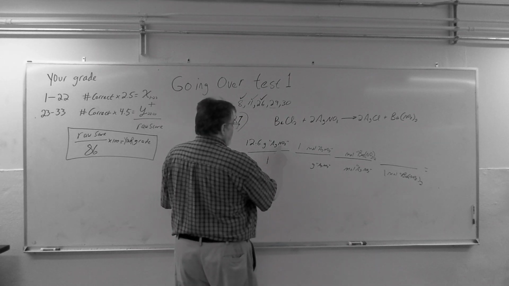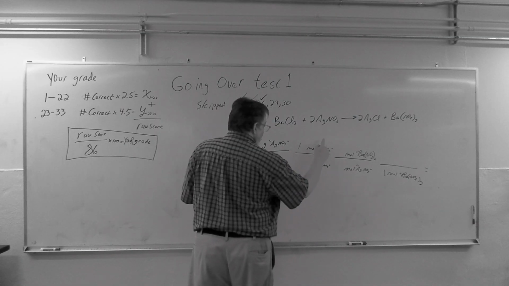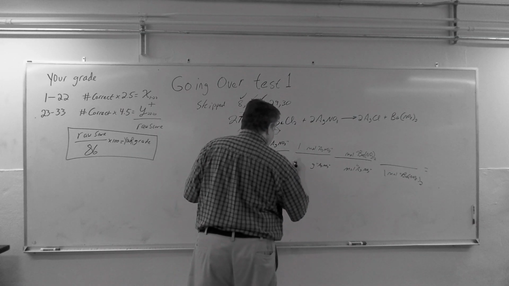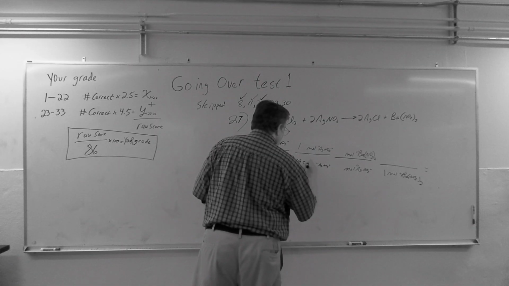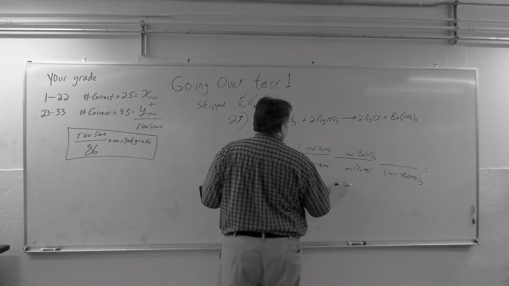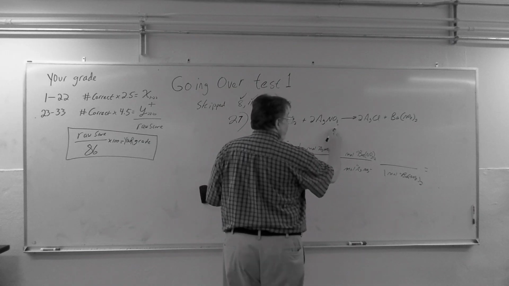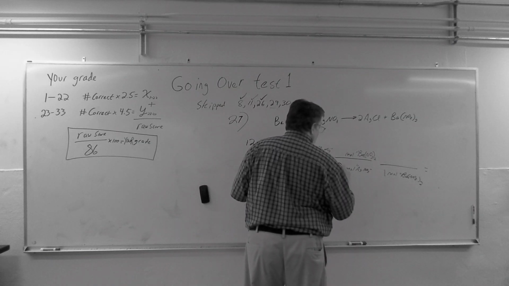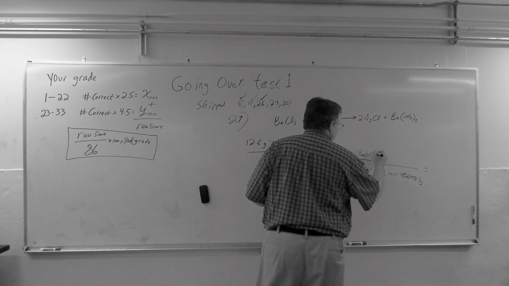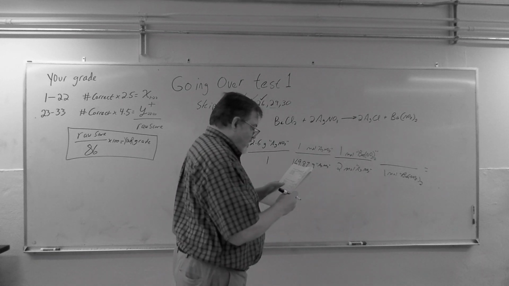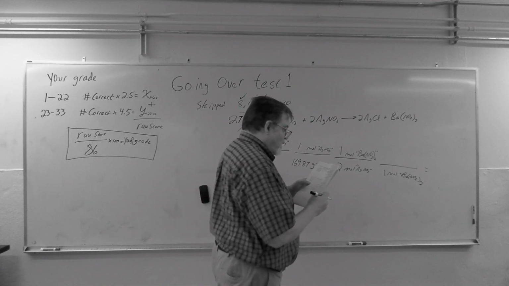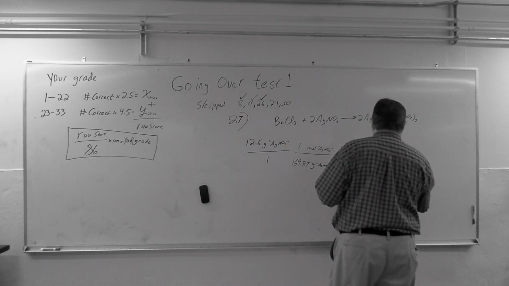So 12.6 grams of AgNO3, 1 mole of AgNO3 is this many grams, and I gave it to you, 169.87, so you didn't have to calculate it. This is that molar ratio, 2 AgNO3 to 1 Ba(NO3)2, 2 to 1. And then the grams per mole for Ba(NO3)2, I gave that to you, 261.34.